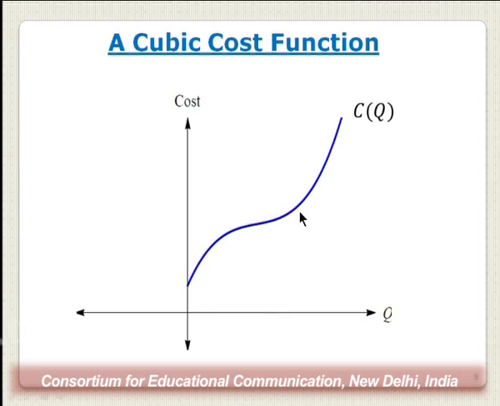But at higher levels of output, costs start increasing at an increasing rate, and this is what I'm showing here in this segment of the cost function. So these are the features that must be captured through a cubic function, and this is exactly how a cost function would look in any economics textbook.